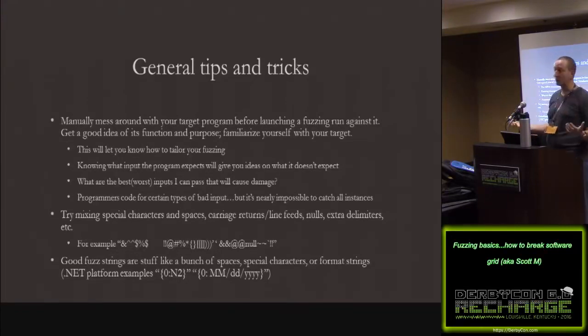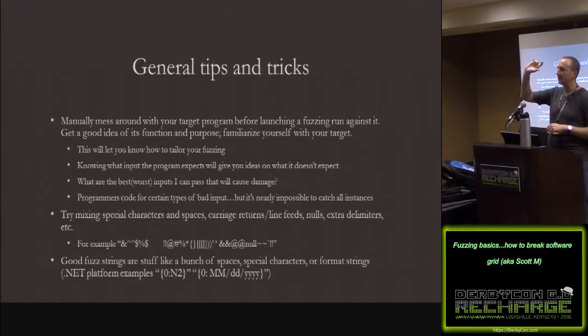Knowing what input the program expects will let you know what it doesn't expect, and will lead you to the third thing there: ask yourself, what are the best or worst inputs that I can pass that will cause damage? As I'm sure we've all written some code before, programmers code for certain types of bad input, but it's almost impossible to catch everything because most programmers don't do whitelisting of input.